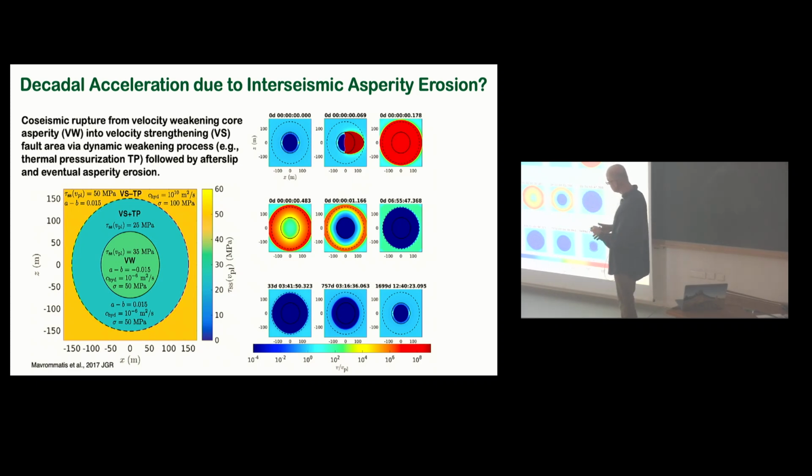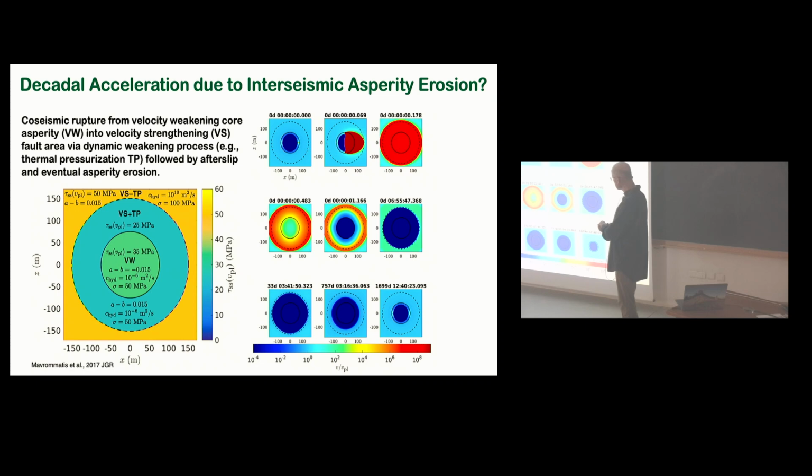So this is a very simple view of a velocity weakening asperity. You've seen examples of this very often, surrounded by velocity strengthening fault zone material. And especially if you have processes like thermal pressurization or other dynamic weakening processes, when you have a dynamic slip event, an earthquake, starting with that velocity weakening patch, it will be able to break into the surrounding velocity strengthening part of the fault.